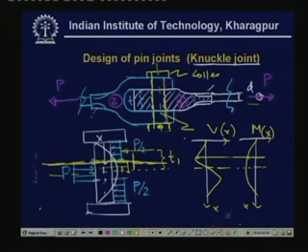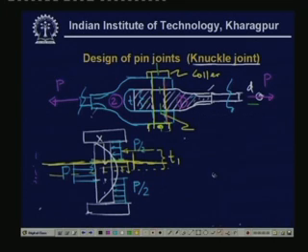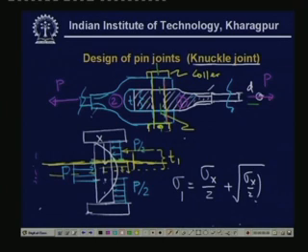If the material is a brittle material, then we will have to find out the maximum principal stress, and the maximum principal stress is given by this form: sigma 1 is equal to sigma x by 2 plus the square root of sigma x by 2 square plus tau square.